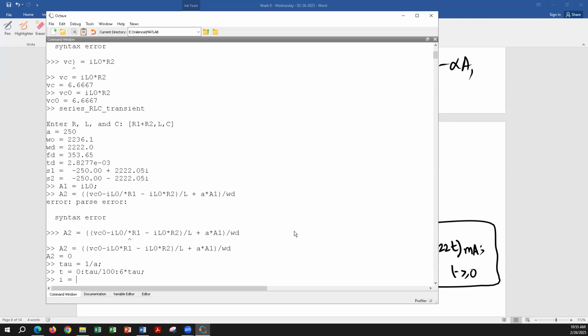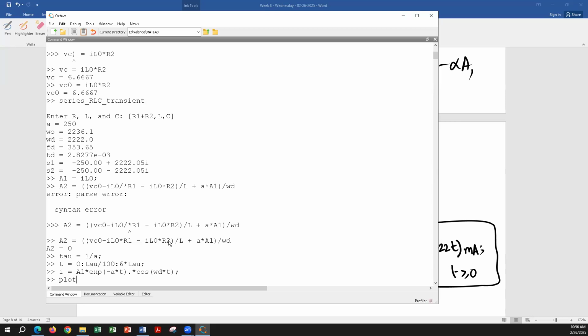And then the equation for I is A1 times exponent of negative alpha times t, since alpha value is positive, times cosine of omega d times t. Then we plot that time and current. Let's make the line thicker, line width 2.